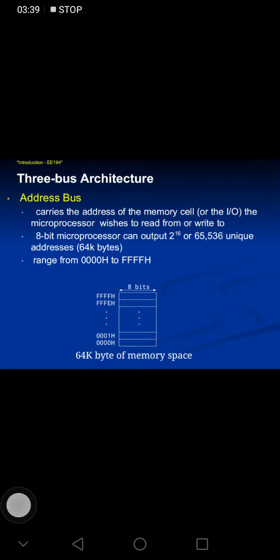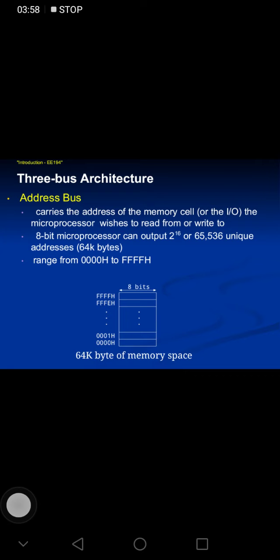So we have here the address bus. This is the address of the memory, which we have already discussed in the basics. The address bus is what selects the memory cell. An 8-bit microprocessor can output 2 to the power of 16, or 65536 unique addresses, or 64 kibytes.